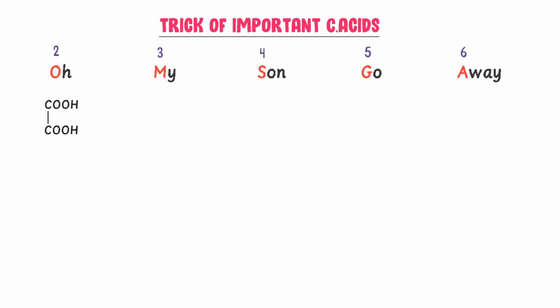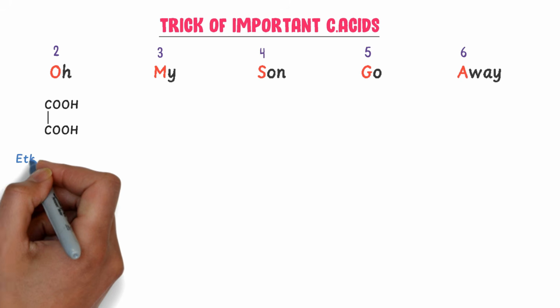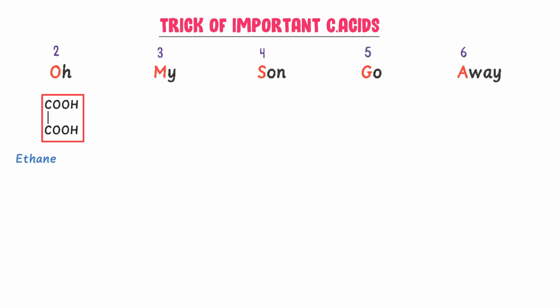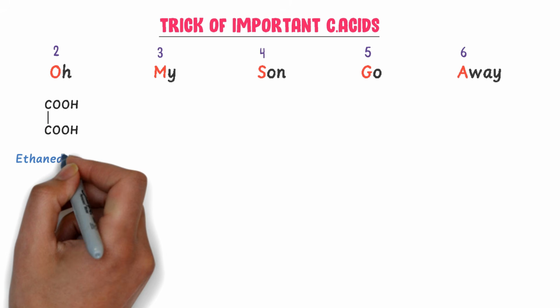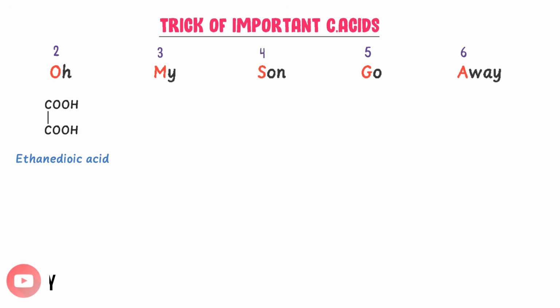There are two carbons present in it. I write ethane. Also there are two carboxyl groups. I write dioic acid. I get ethanedioic acid. What about its common name? Well, O stands for oxalic acid. So the IUPAC name of this compound is ethanedioic acid and its common name is oxalic acid.